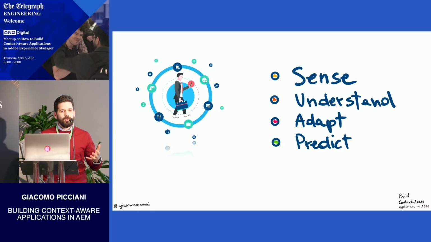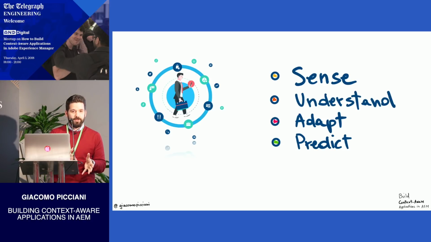Today, what we are looking at is something even more, moving context awareness a step forward. We are not just able to take advantage of the context, but we are also able to store the context and try to predict the next context of the users in order to anticipate the user and give the user the best experience.